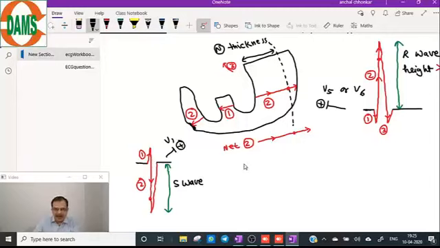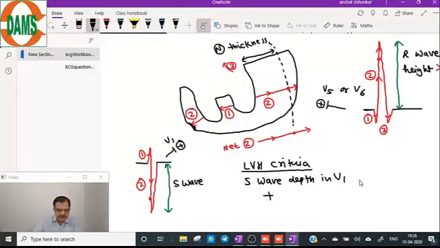So the LVH criteria: the best criterion is S wave depth in V1 plus R wave height in V5 or V6.